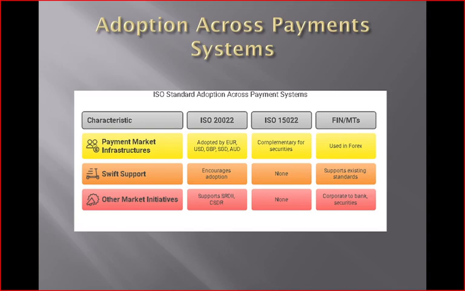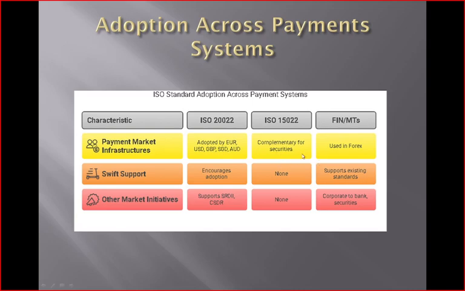Adopted by the European Union, USD, GBP, SDD, AUD, ISO 20022 market infrastructure. Everybody has adopted now, so all the countries' names should be there now. Swift supports and all this stuff is mentioned here. Okay, so in ISO 20022, maybe other countries also I have to mention, and this slide is no more meaningful now.